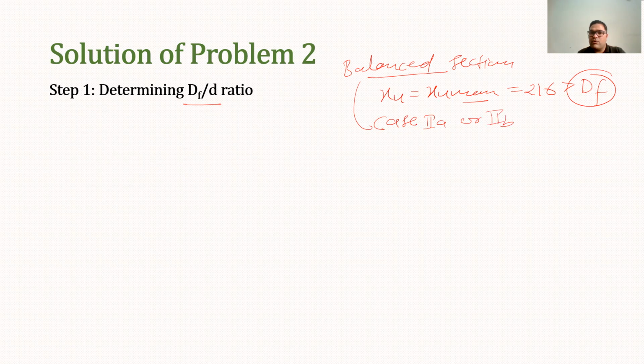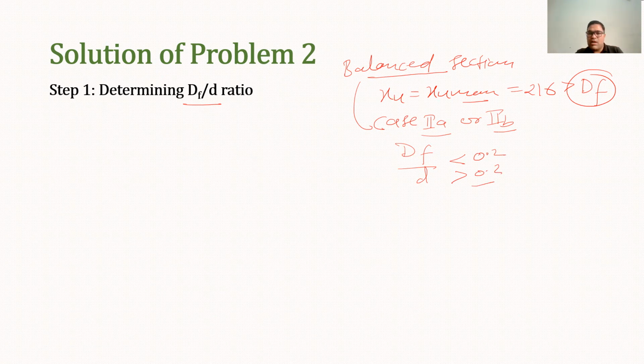We can find out whether it belongs to case 2A or 2B by comparing the DF by D ratio with 0.2. If it is less than 0.2, it will be case 2A. If it is more than 0.2, it will be case 2B. So that is what we are required to find out in our step 1.